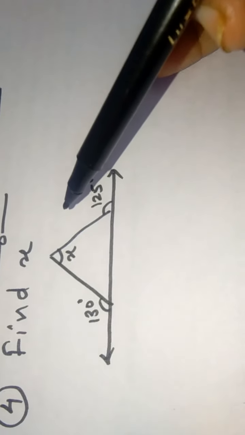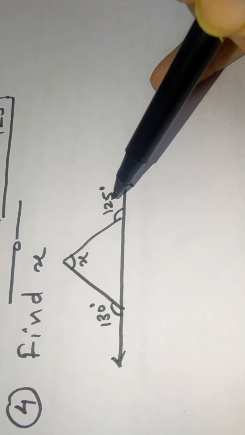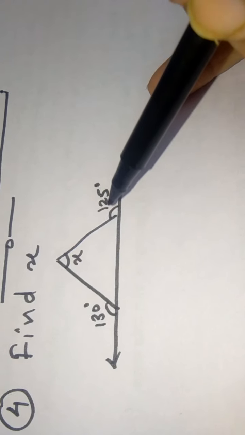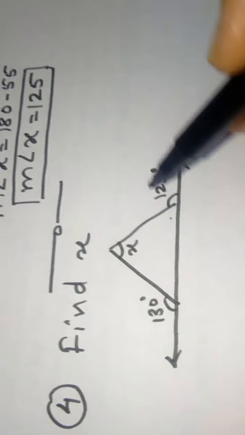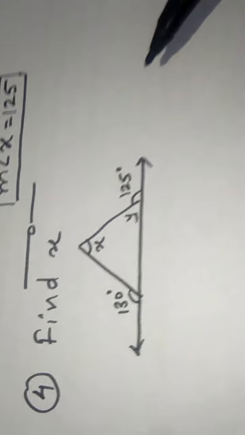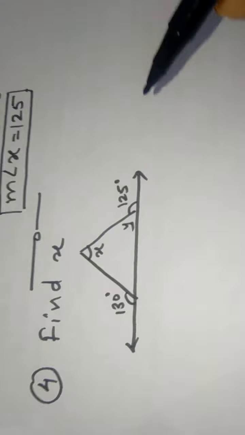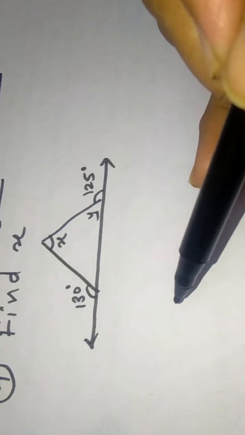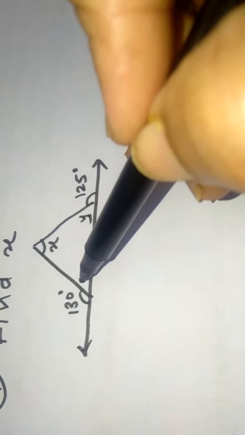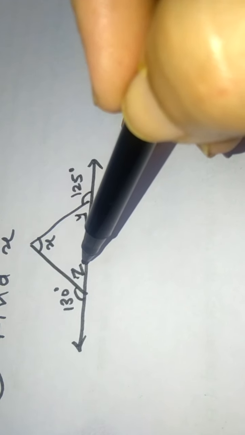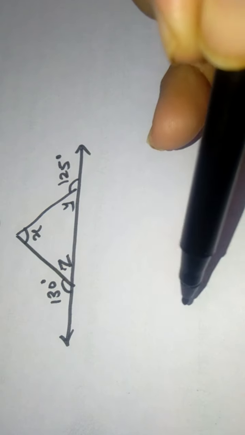Now from the figure we can observe that the measure of this angle is 125, and if we suppose that this angle is y, then 125 plus y, their sum is 180. Suppose we take this angle as z, 130 plus z, then their sum is 180.